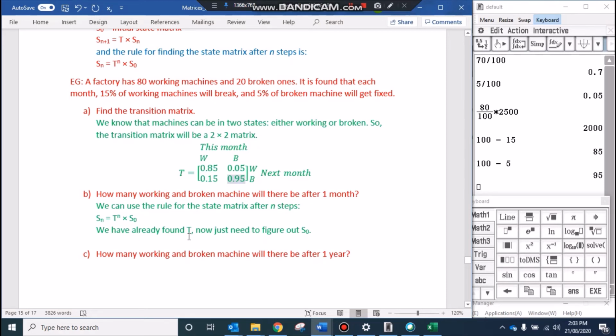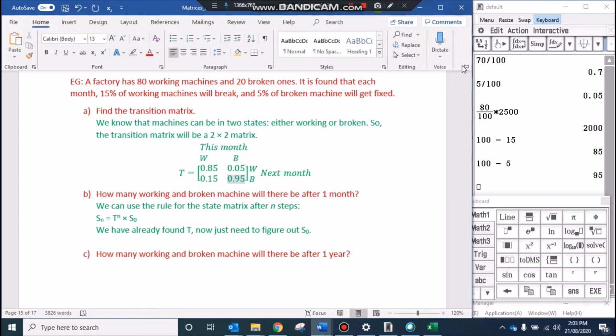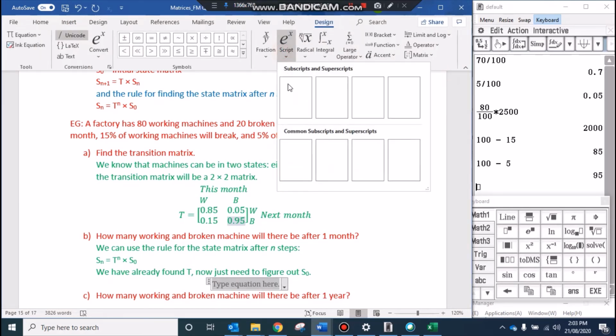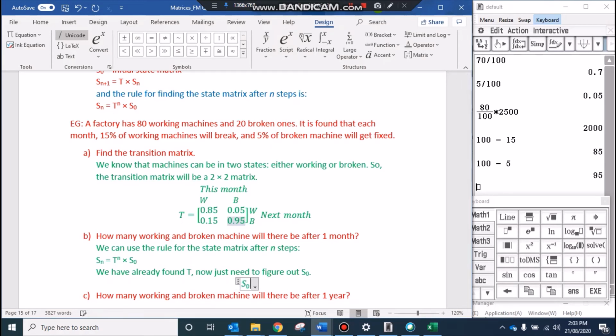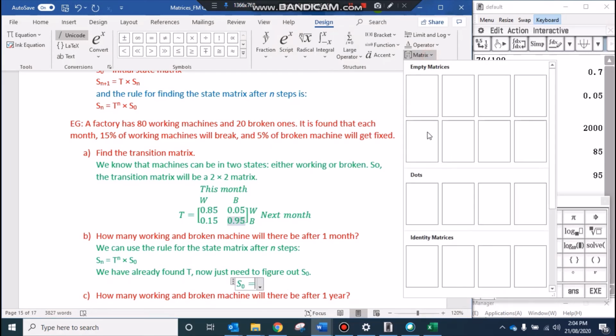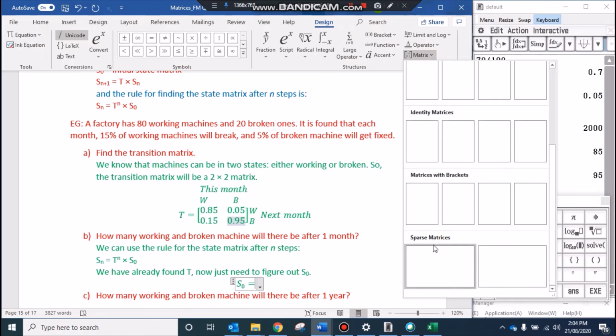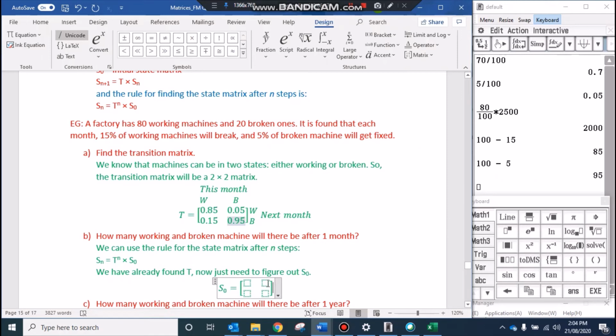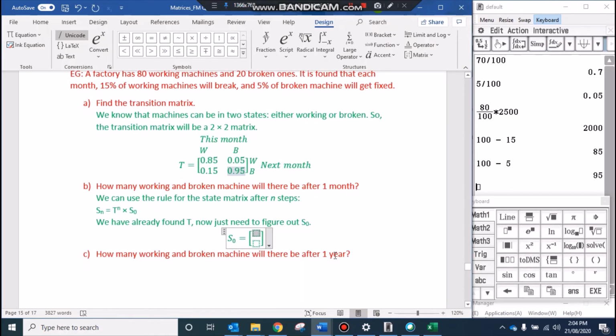Now we've already got T, we just need to figure out what S0 is. So we've got a 2 by 2 matrix here.